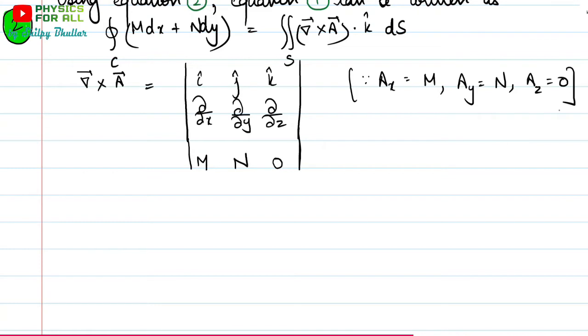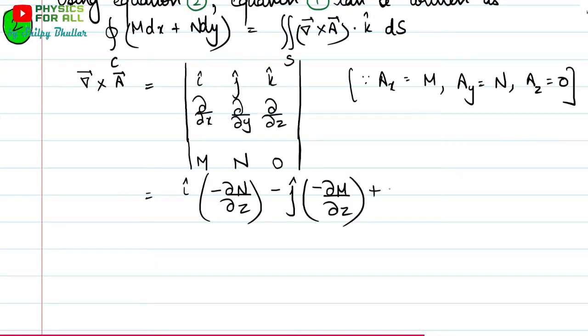Okay, so this being the reason, now we can expand it. We know how to do that. i cap would be this minus this. Then plus j cap, or if I write minus j cap, then this would be this minus this, and then we get k cap, which is this minus this.